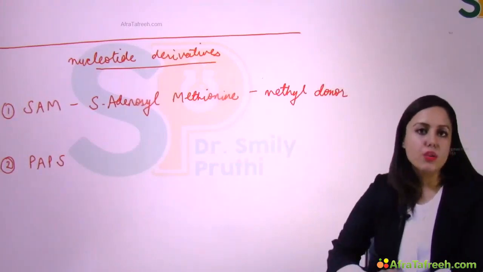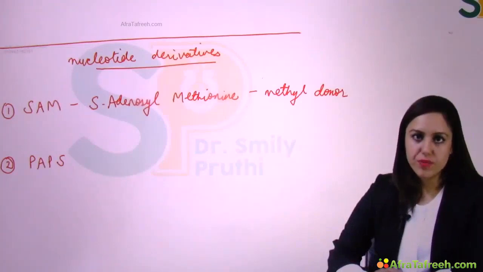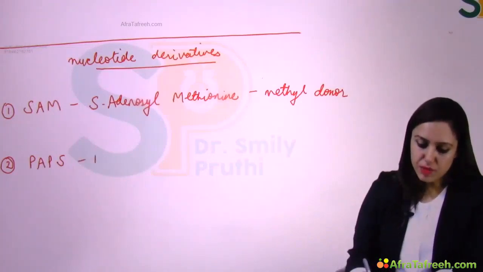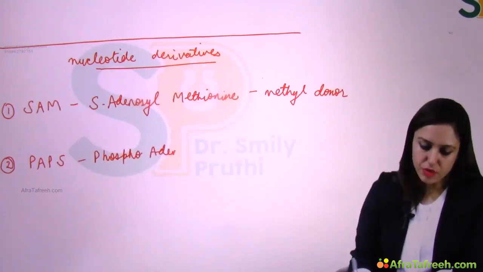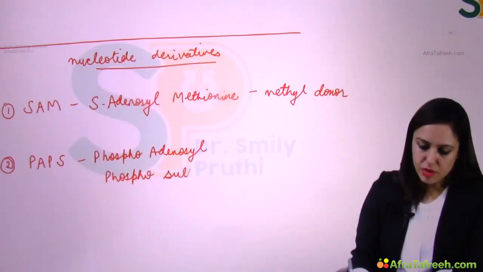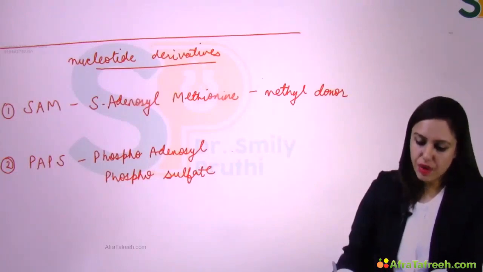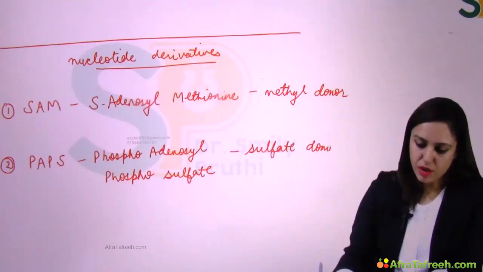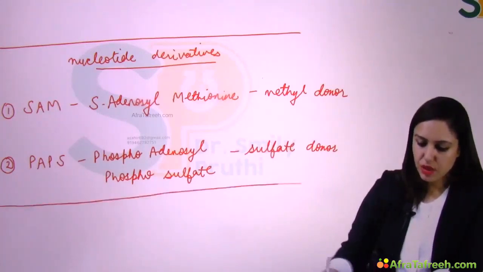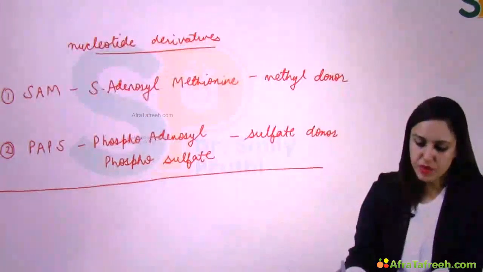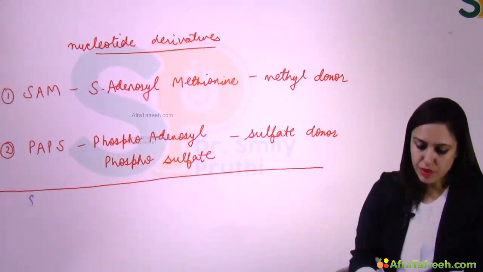It gives methyl group in many reactions in the body, right? And what is PAPS? PAPS is phosphoadenosyl phosphosulfate. This compound is a sulfate donor, right? So SAM is methyl donor, PAPS is sulfate donor.